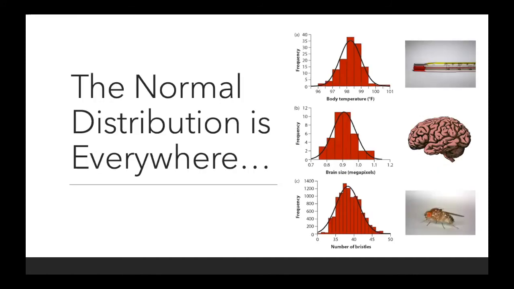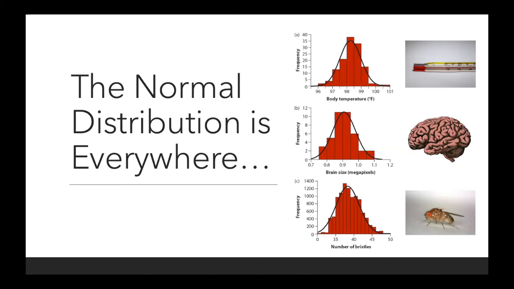Now, we've talked about the normal distribution and why it's a convenient distribution for being able to calculate probabilities based on information about only the population mean and standard deviation. But in addition to being really well defined, the normal distribution is called the normal distribution because it's everywhere.